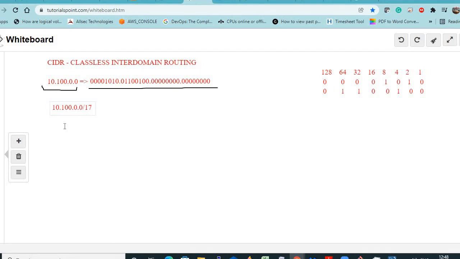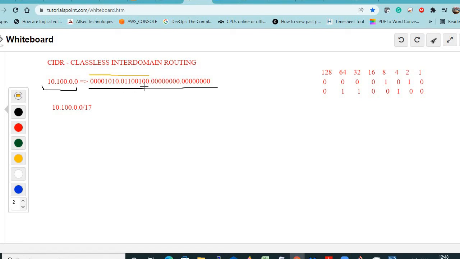So what they will do is, listen to this carefully. /16 means I cannot pick the first octet and second octet, because 8 plus 8 is 16.